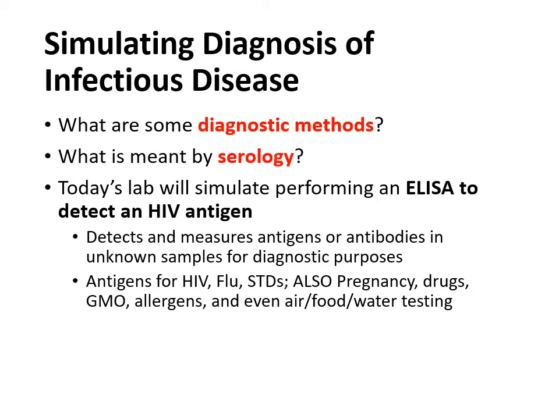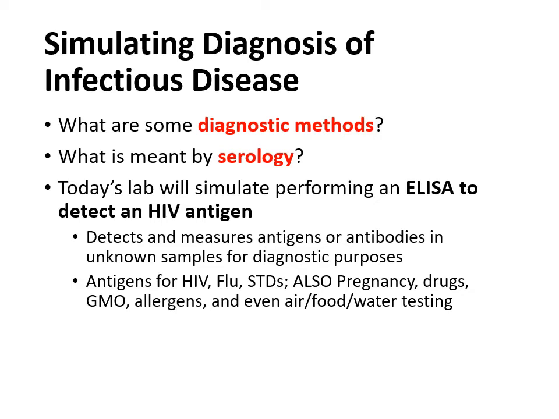Now keep in mind, even though we're going to focus on HIV today, ELISA can be used for detecting a lot of different antigens, okay? Any viral or bacterial protein, things like STDs, and as we mentioned in lecture, ELISA is even the concept of pregnancy tests.